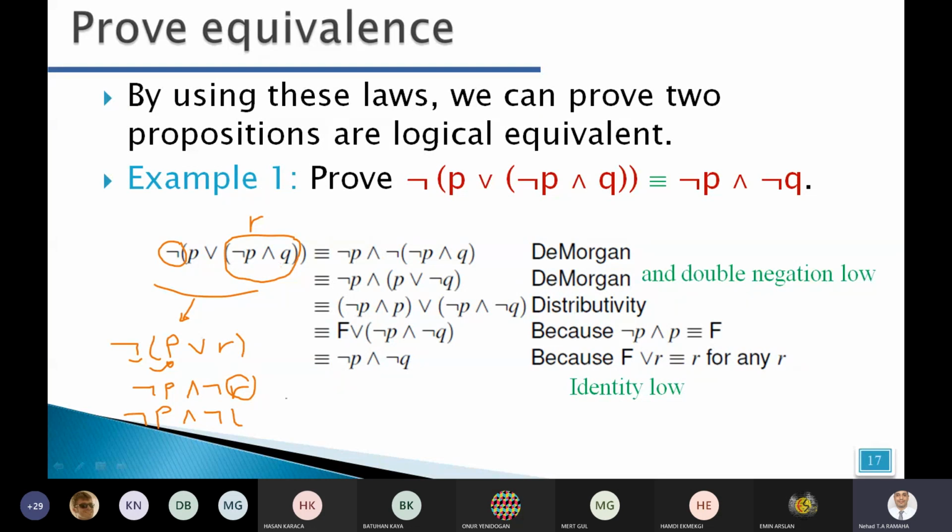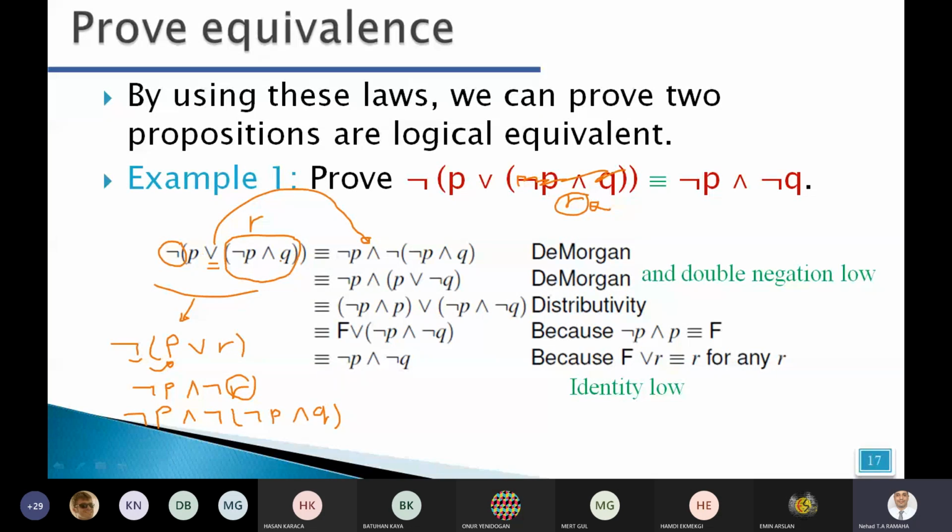It's this one, not P and Q. So at the beginning, it's better to consider, for example, this part as R, then apply the rule, then you give the result of R. So using De Morgan's law, we can distribute this not for these brackets and this or becomes and like this.